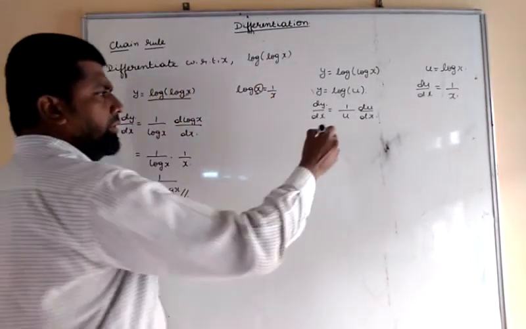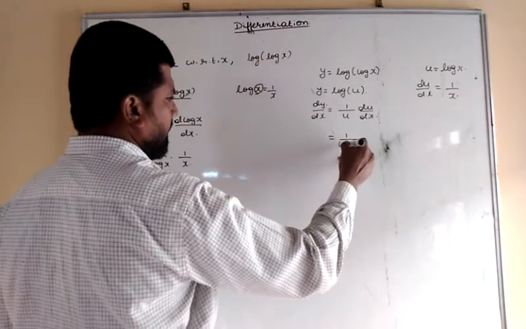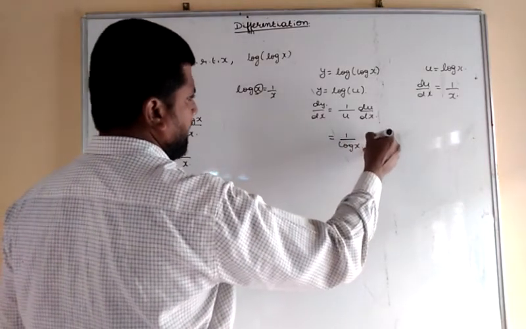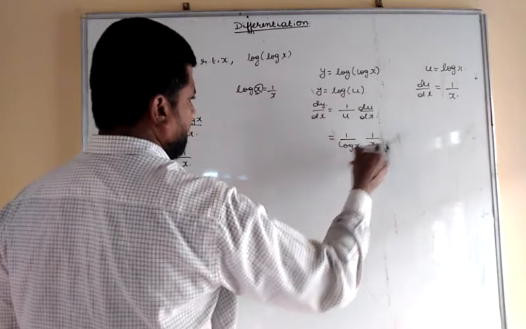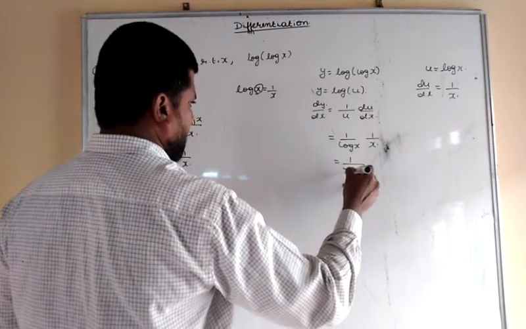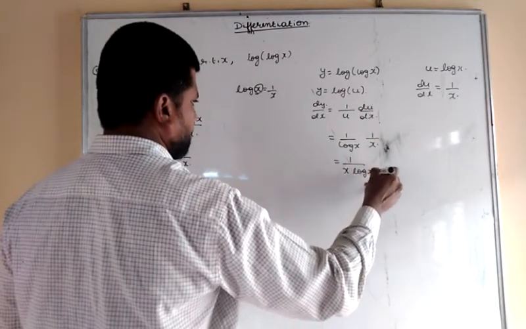Substitute the value of u, which is log x, so we can write 1 by x log x.